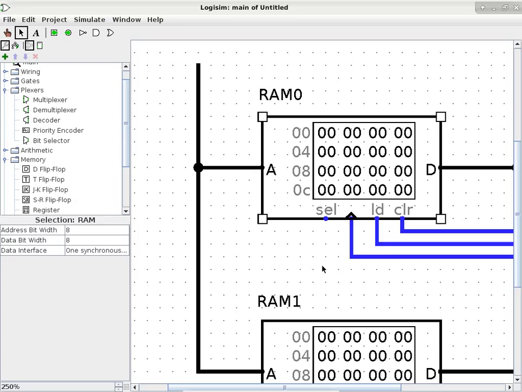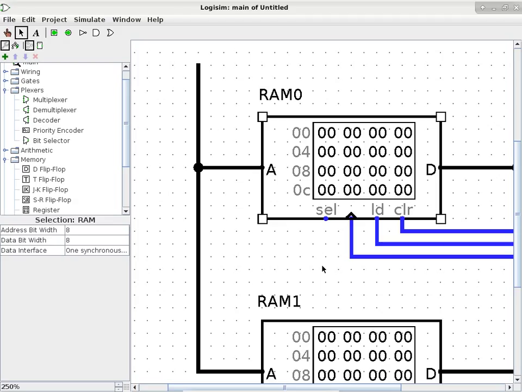So with 8 bits, how many unique locations can I address? It'll be 2 to the power of 8, which is 256. That's right. So the address bus determines how many unique locations can be addressed. And the answer is 256 per chip.